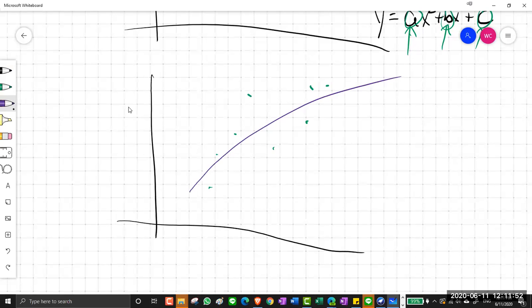So here it is. Let's call this the ith house. The ith house. So what's this? x what? xi. And the height of this is what? yi. yi, which is over here.